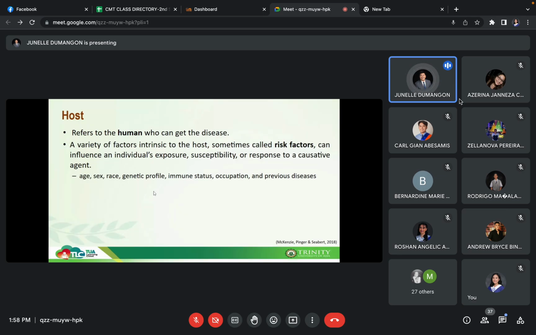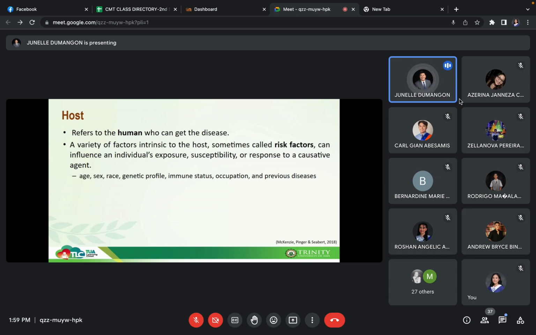There are diseases that are more commonly found in children compared to adults. So in that sense, age becomes a risk factor. If you are younger, then you are more susceptible to getting that kind of disease. And also, there are diseases which are more commonly found in the elderly. Diba? Like hypertension.